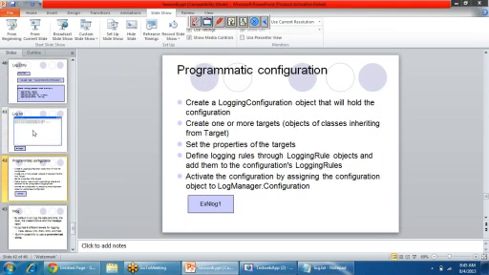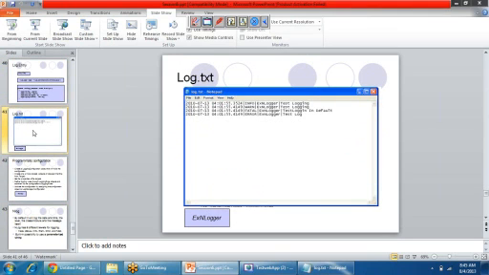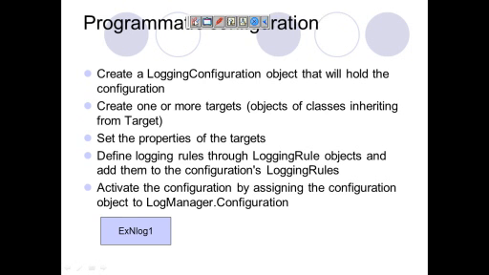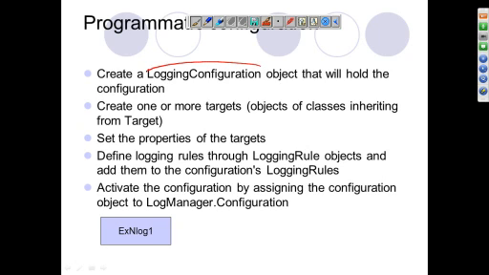So this is just how it is logging your messages or exceptions in the text file. We are using the nlog.config file, but whatever configurations we are doing in that configuration file can be done programmatically also. We can do those configurations within the class in the code behind file. First we have to create the object of the logging configuration class. Then we create the object of target and set the properties for the target.